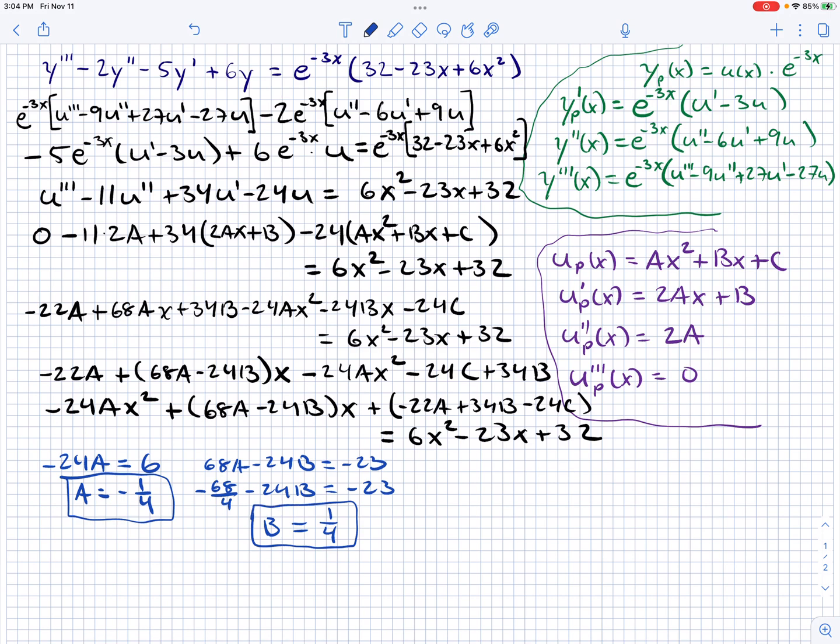And then finally, the constant stuff, which was negative 22a plus 34b minus 24c. That all has to equal the constant on the right side, which is 32. Plugging in the a and the b, we will have 22 over 4 plus 34 over 4 minus 24c being equal to 32. Again, I'm just going to jump to what c ends up being, simplifying to negative 3/4.